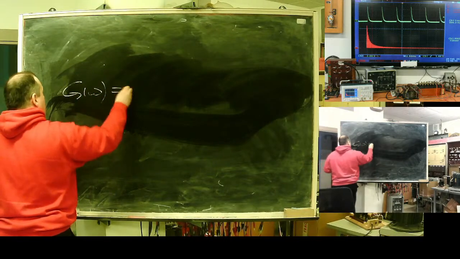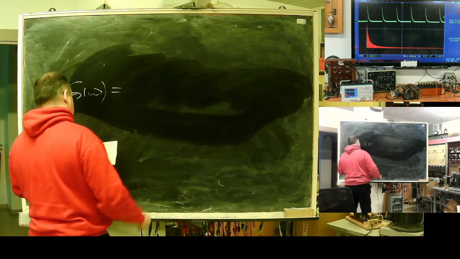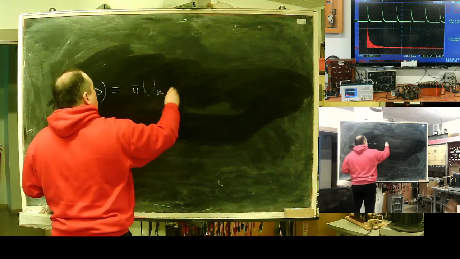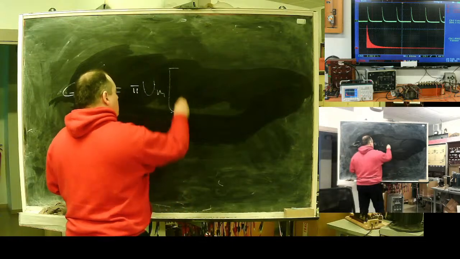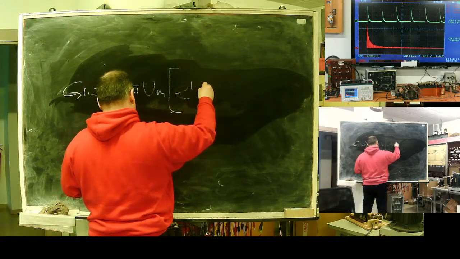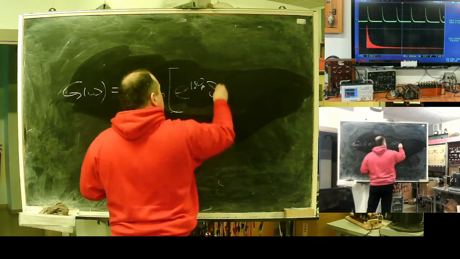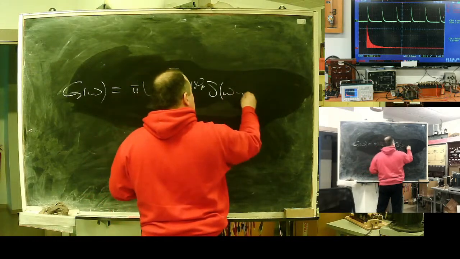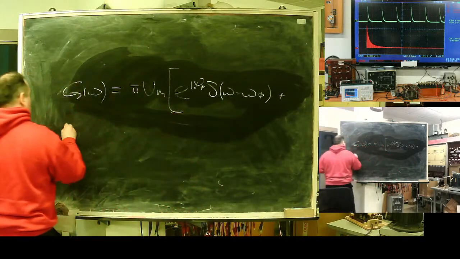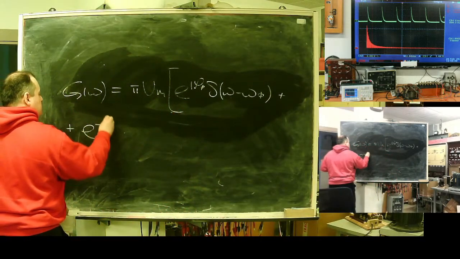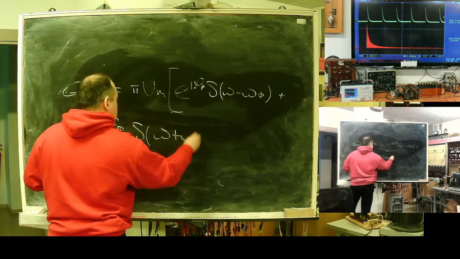Now the spectral function of my ideal voltage will be V0 multiplied by e^(jφ0) delta function of omega minus omega 0, plus e^(-jφ0) V0 delta function of omega plus omega 0.